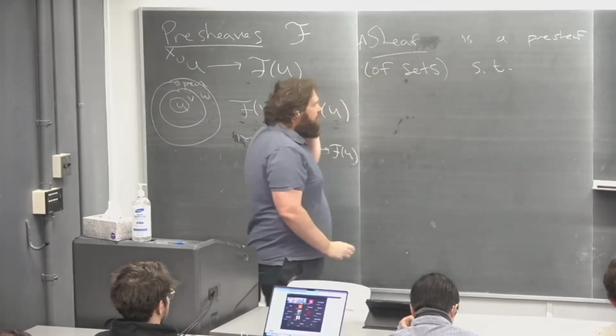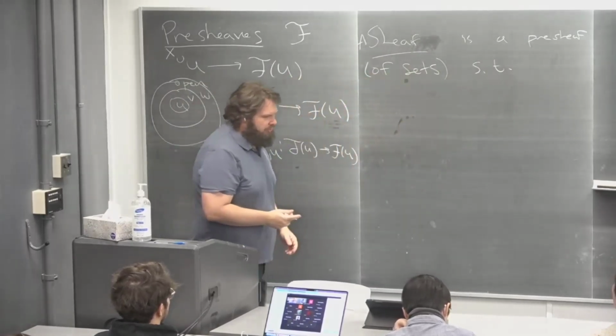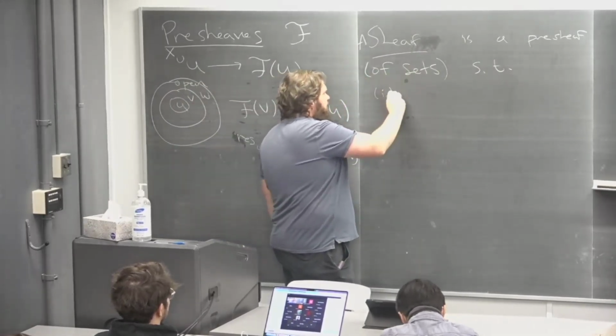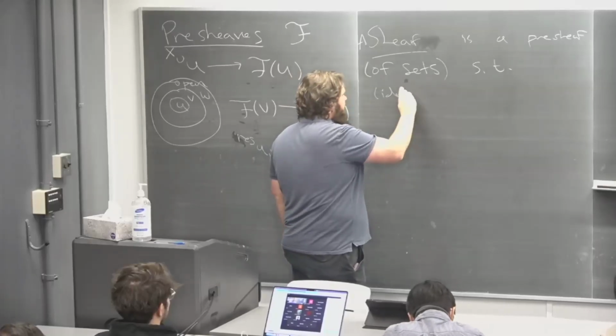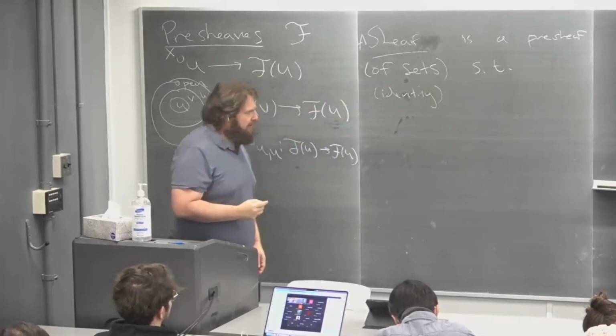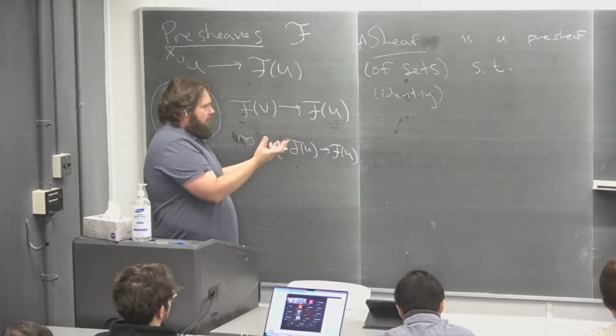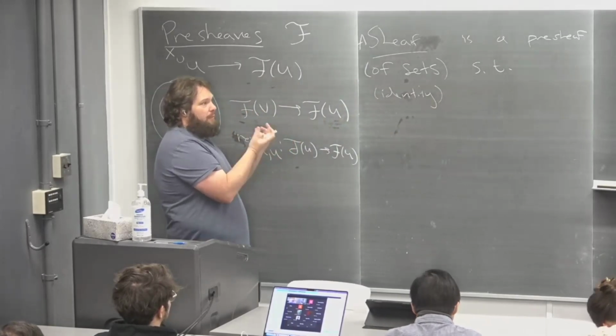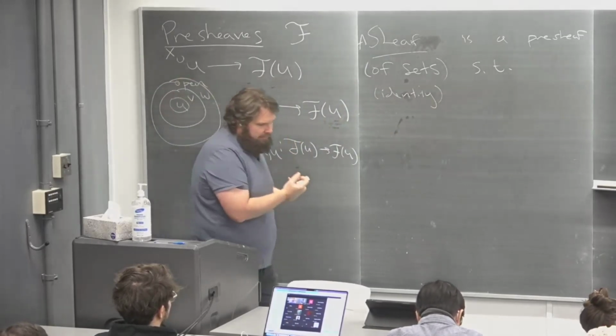So it's a pre-sheaf, and it has to satisfy 2 additional conditions, which Vakil calls identity, which basically says you can check that 2 sections of the pre-sheaf are the same locally.